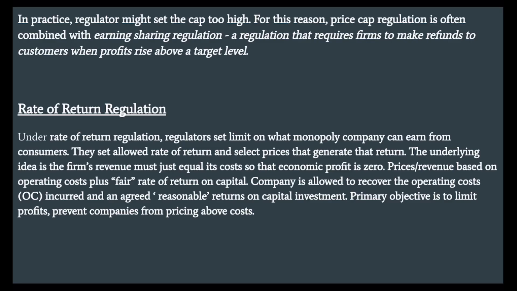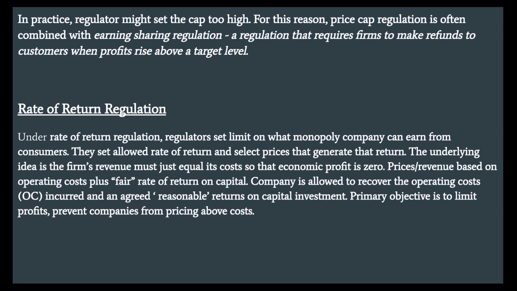In practice, a regulator might set the cap too high. For this reason, price cap regulation is often combined with earnings sharing regulation, a regulation that requires firms to make refunds to customers when profits rise above a target level. Rate of return regulation. Under rate of return regulation, regulators set a limit on what the monopoly company can earn from consumers. They set an allowed rate of return and select prices that generate that return.